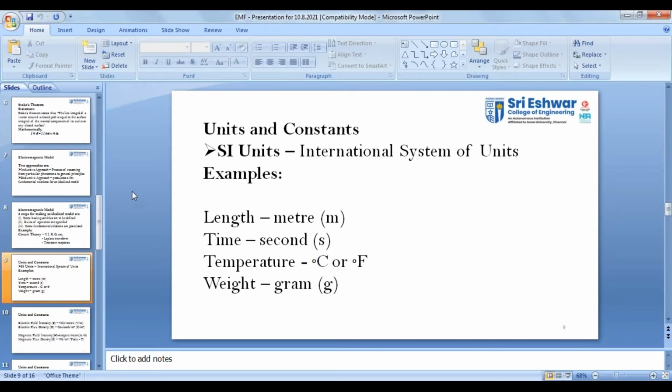Temperature, which is very popular nowadays due to this pandemic, is either in degree Celsius or degree Fahrenheit. Can anyone tell what our normal body temperature is in Fahrenheit? What is the typical value in Fahrenheit?